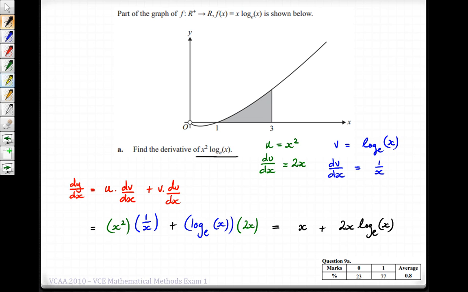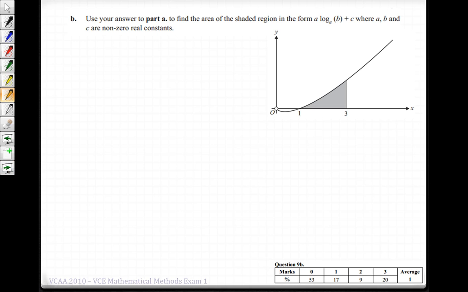And the nice thing here is it's looking like this part we'll be able to use here. They look similar. So indeed, part B says that we're going to use our answer from part A. So we'll just remind ourselves what that was.